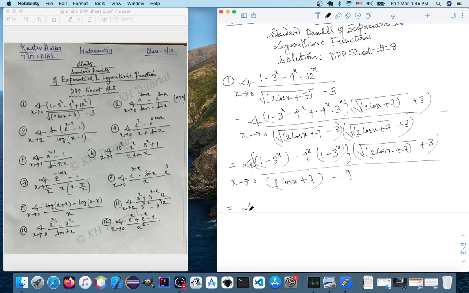Now the a to the power x terms we can take 1 minus 3 to the power x common, and we get this, and we have cos x plus 7 plus 3, and in the numerator, if we take 2 common, we get cos x minus 1.